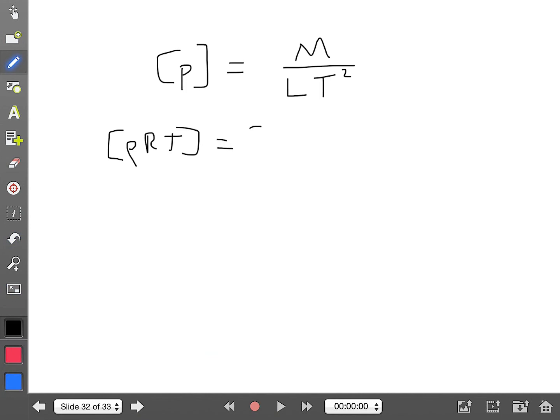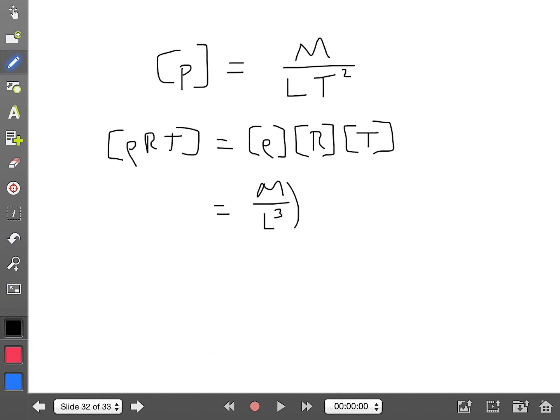So we're going to write this. We need to find out what the dimensions are of each part. Okay, and so what are the dimensions of density? It's mass over length cubed. R is a bit more complicated because it's basically a joule per kilogram Kelvin.